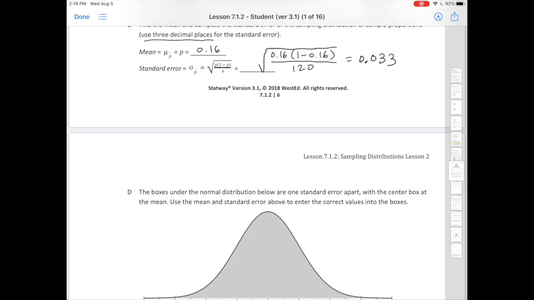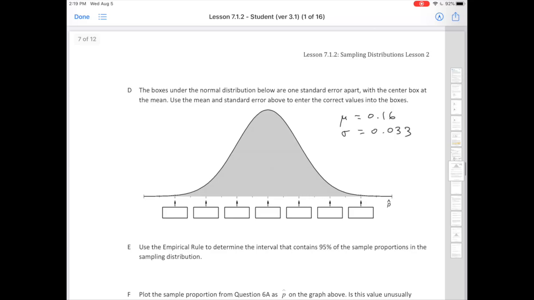Use the mean and standard error above to enter the correct values into the boxes. So I'm going to rewrite these here so that we know what to put. The mean is 0.16, and the standard error is 0.033.